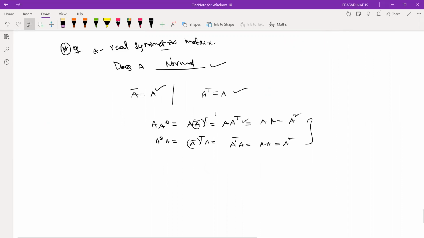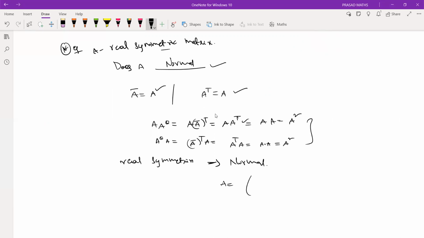Is the converse true? A real symmetric matrix is normal, but that doesn't mean the converse is true. Suppose you take this example: 0 1 minus 1 0. We have seen it is a normal matrix, from the earlier problem.